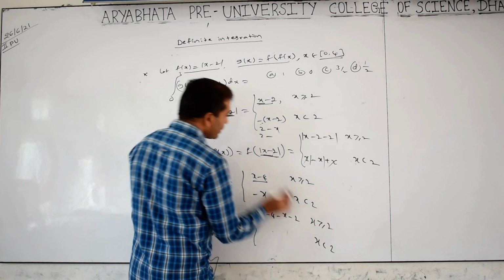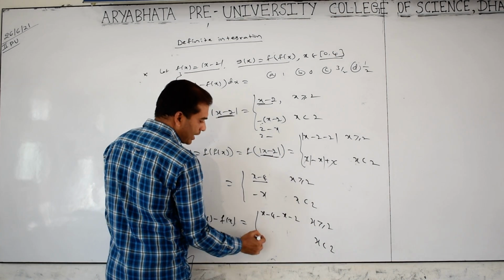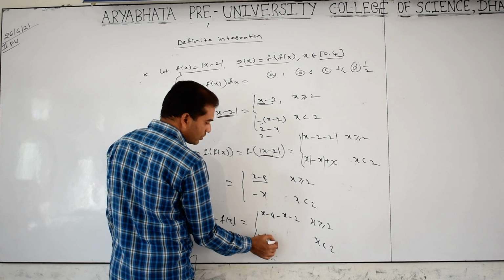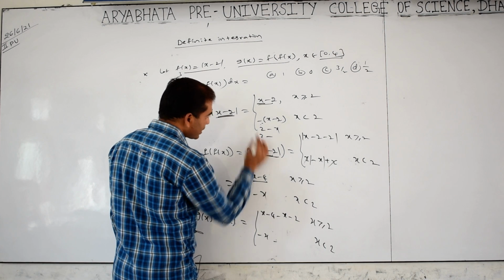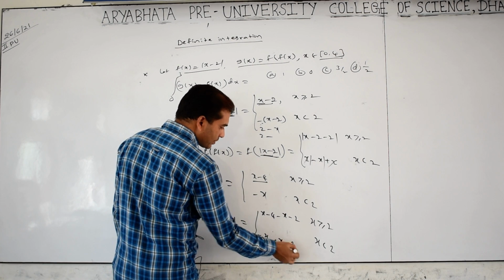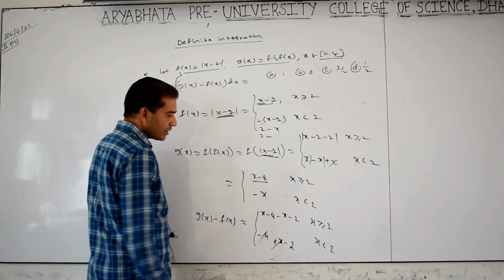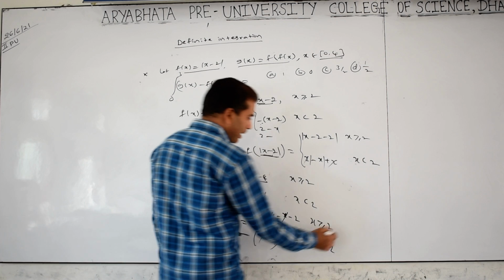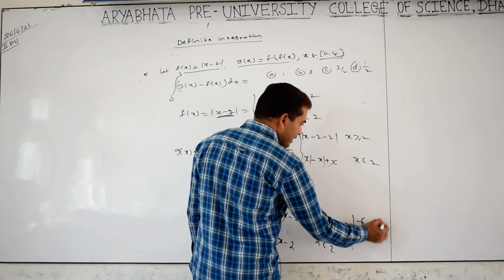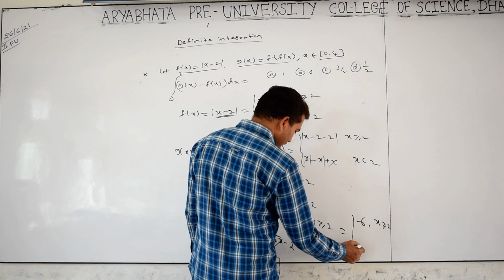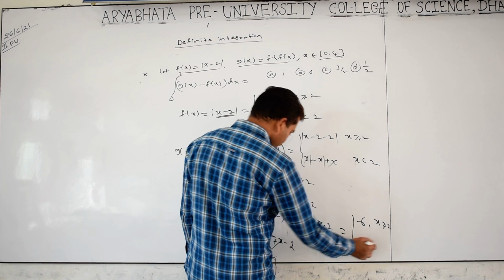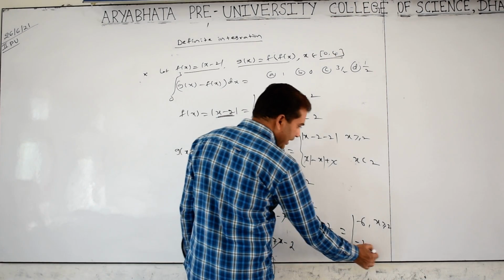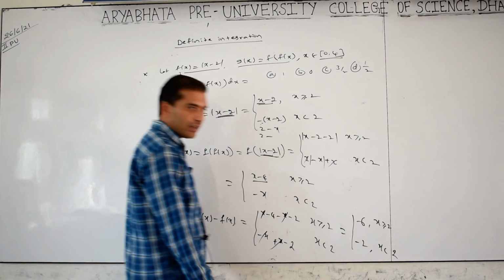Below 2, g of x is minus x, and minus of minus x minus 2 becomes plus x minus 2, so the x cancels, giving minus 2 when x is less than 2. So we got the function here.